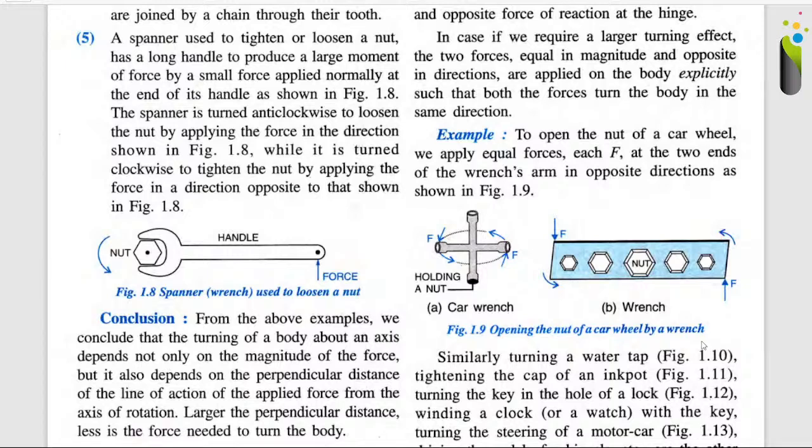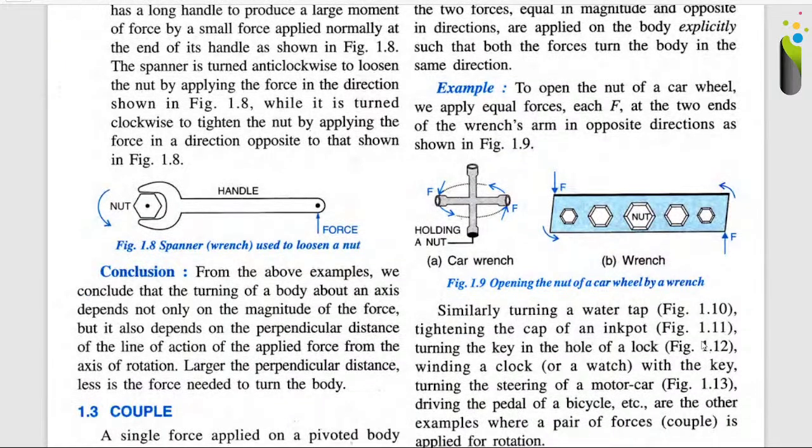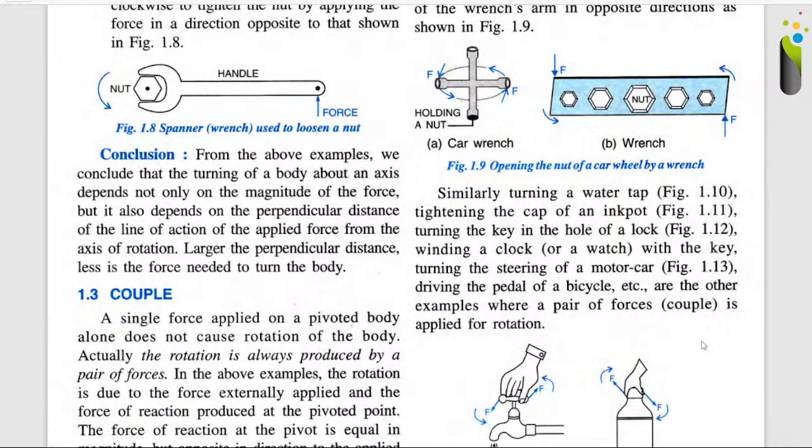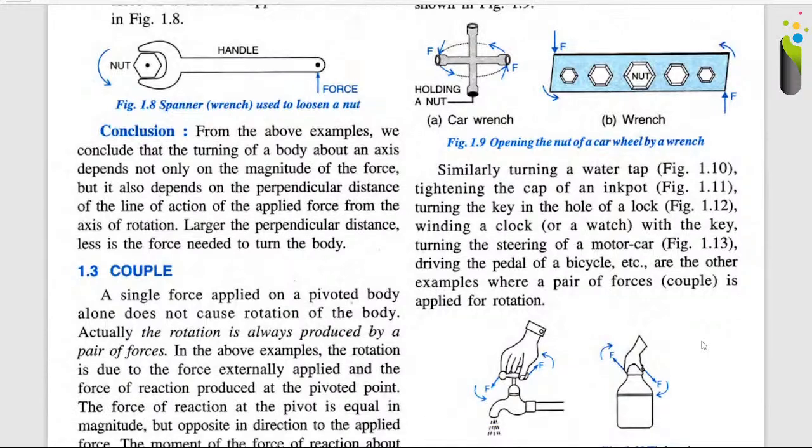The spanner is turned anti-clockwise to loosen the nut by applying the force in the direction shown in figure 1.8, while it is turned clockwise to tighten the nut by applying the force in a direction opposite to that shown in figure 1.8. You can have a close look at the figure so that you can relate it.